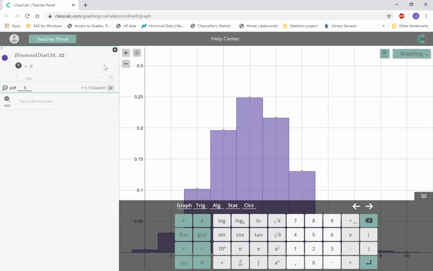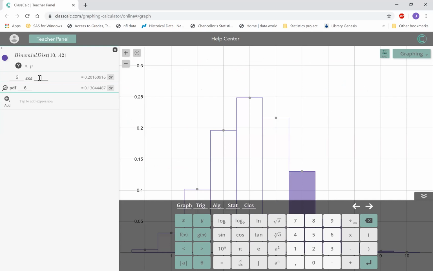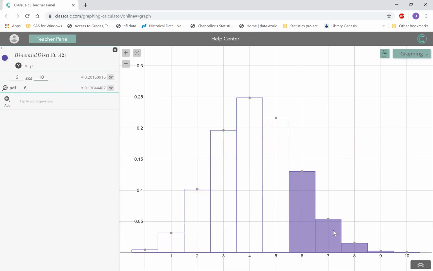So we'll say CDF. So if we're doing CDF, the lowest should be 6 and the highest should be 10. And if you look at the drawing right here, you can see it shows 6, 7, 8, 9, and 10.